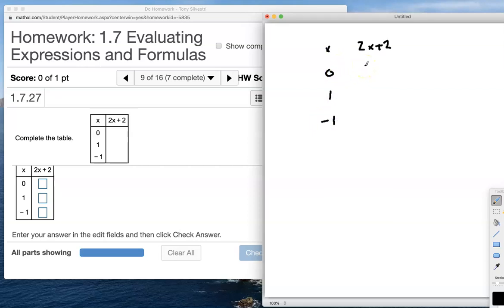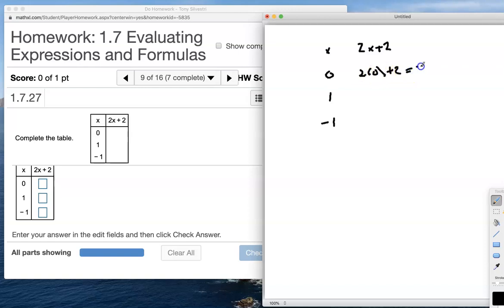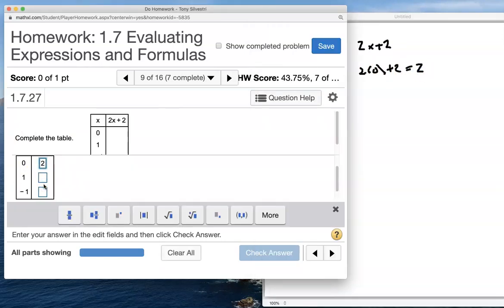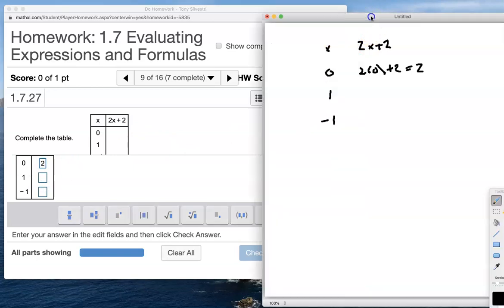Do 3 separate evaluations. Okay, 2 times 0 plus 2. 2 times 0 is 0, plus 2 is equal to 2. That's the first answer. Second answer. Plug in 1 for x. 2 times 1 plus 2 equals 2 plus 2, 4.